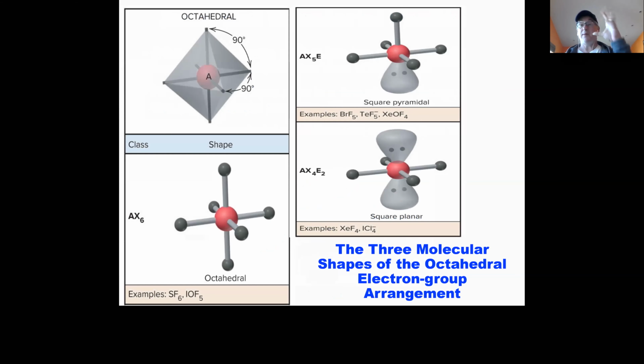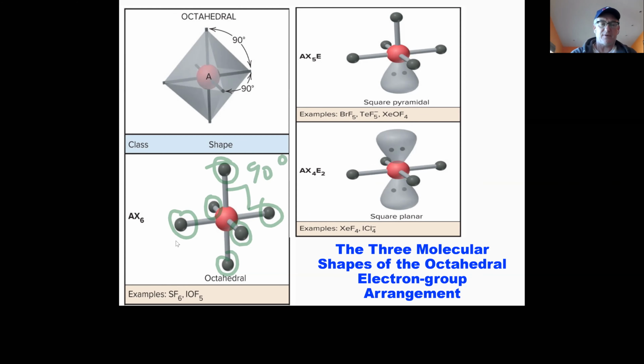When we get to six, we get what's called an octahedral shape. If I have all atoms, this is going to be completely symmetrical and every bond is 90 degrees.